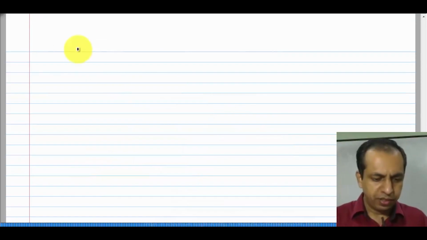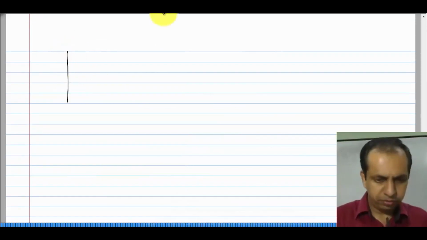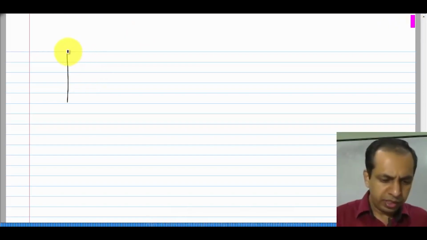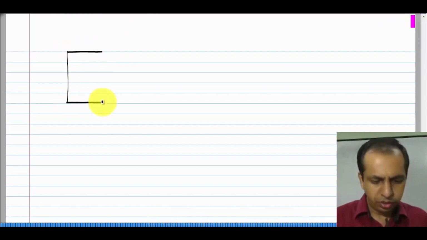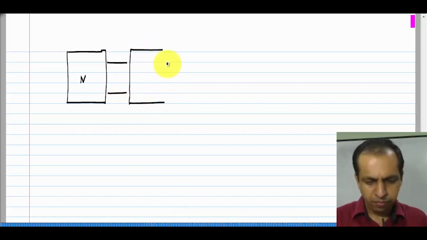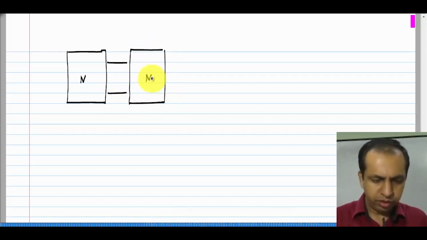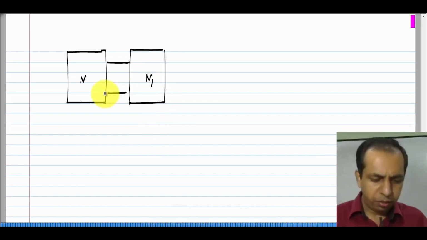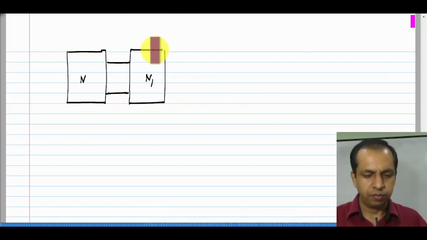Now, extending this further, let us say I had 2 circuits connected together like this. This circuit I call N and this circuit I call N1. And they are connected only at 2 points, that is it. There is no other connection elsewhere in the circuit for this or that one.